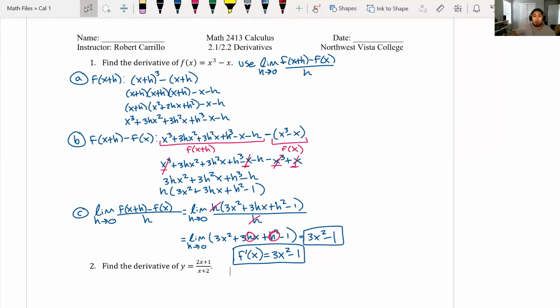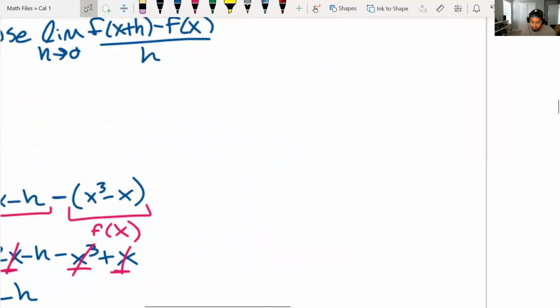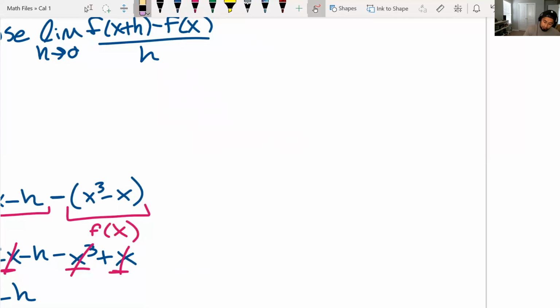Okay. All right. So what we found is the derivative. And the derivative, 3x squared minus 1, can find the slope for the original function x cubed minus x at any given value of x. So here, let me just draw a quick sketch of what I'm talking about.